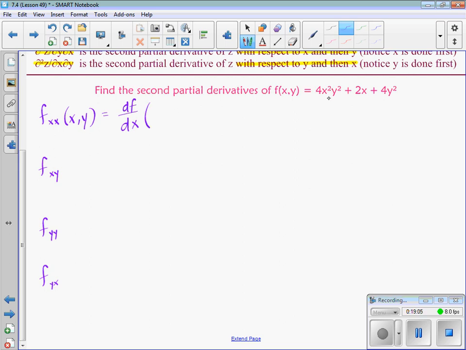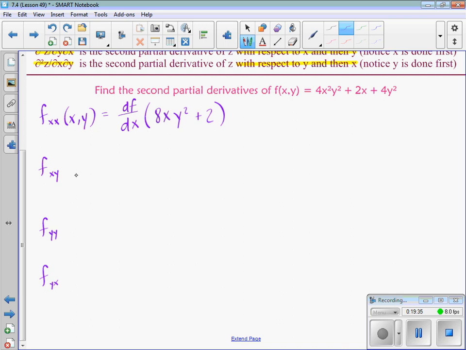Taking the derivative of this with respect to x, what's constant in the first piece? 4y squared, and the derivative of x squared is 2x. So what do I end up with? 8xy squared. Does that look right? The derivative of the 2x is 2, and the derivative of the 4y squared is 0.